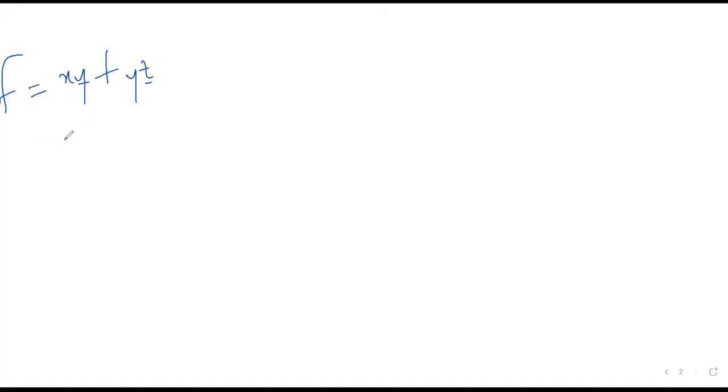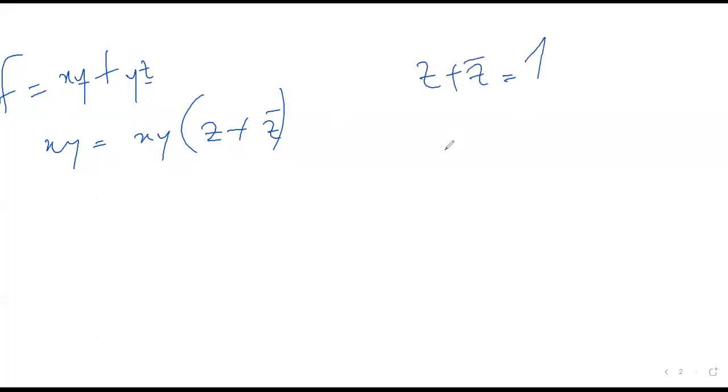All right. xy can be the same as xy(z plus z bar). What is z plus z bar? That's a rule there. It's equal to 1.